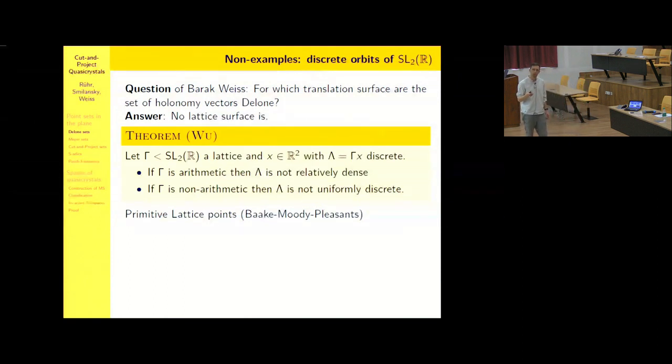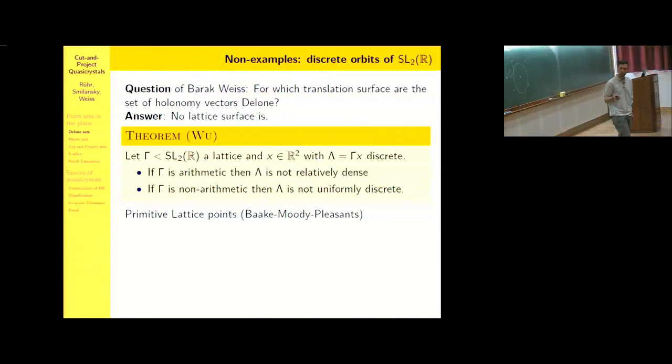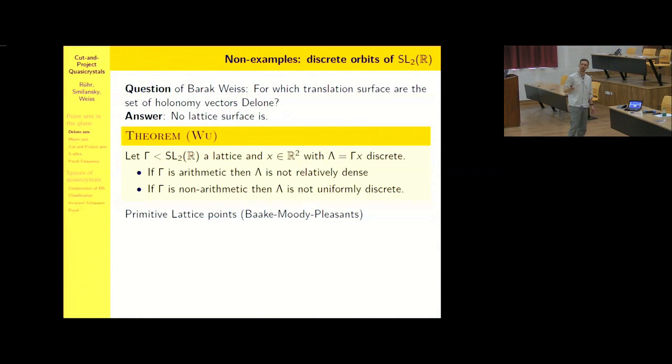This question was answered by Rühr a couple of years ago, which says that if you take a lattice gamma in SL2R and a point, and act with the linear action, and you ask your point set, your orbit, to be discrete, then there are two things which can happen.